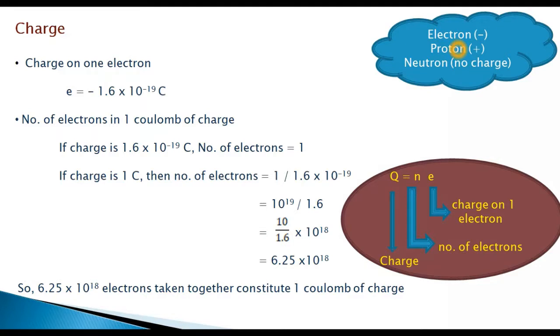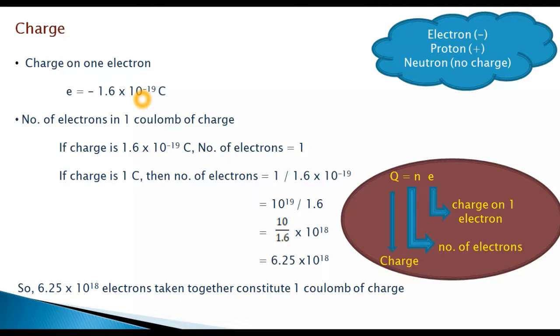Now, how much charge does a proton contain? How much charge does an electron contain? So, an electron possesses a negative charge of 1.6 into 10 raised to the power minus 19 coulombs. And protons also contain the same charge but positive. Proton possesses a positive charge of 1.6 into 10 raised to the power minus 19 coulomb, and electron possesses a negative charge of 1.6 into 10 raised to the power minus 19 coulomb.